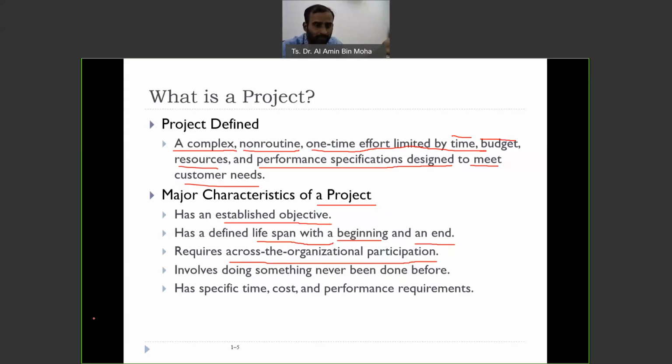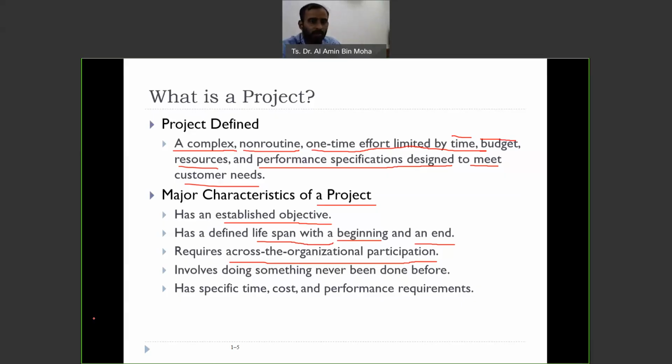a house, a project. It involves people from different fields: architects, designers, people who work as labor, the local authority. So you need different people. If in a company you're working to manufacture something, take an example, you want to manufacture a laptop.